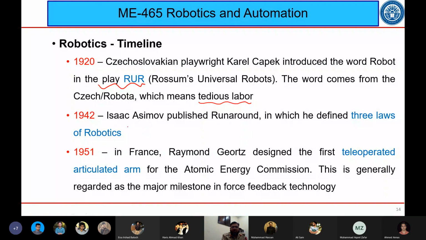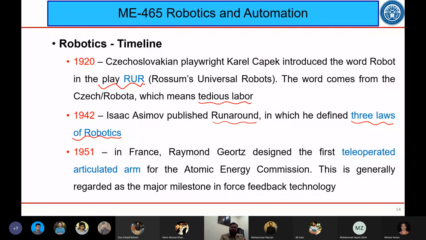And then Isaac Asimov published Runaround, which was actually his research, in which he defined three laws of robotics. So Isaac Asimov was the first to give the three laws of robotics. We will talk about those three laws in the next two or three slides. When people started working on robotics, the same fears came up, as you said, that the robots might take over the world, so some laws were made.